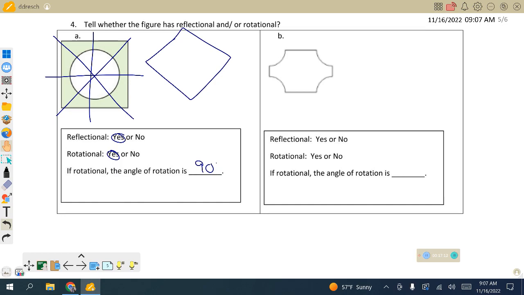Again, if you're not 100% sure, we've got patty paper. Patty paper can sometimes help you out with that. 90 we can usually clearly see. All right. What about the next one? Do we have reflectional in there? Yes. Which types? Horizontal, vertical.